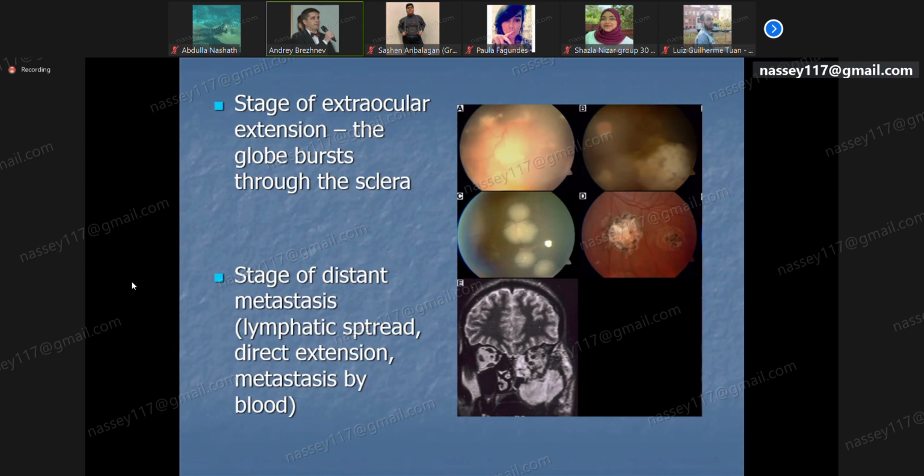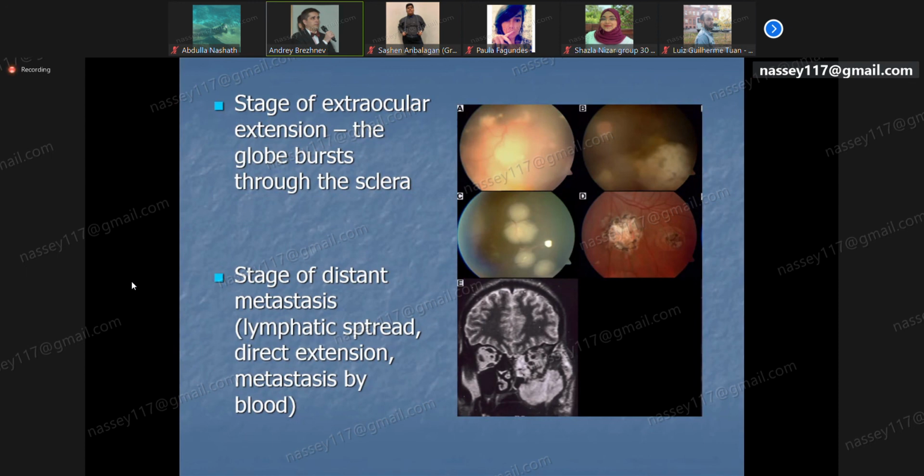And the final, fourth stage, is the stage of distant metastasis. Usually by lymphatic spread, maybe direct extension, or metastasis by blood. The targets for distant metastasis are the brain, liver, bones, and lungs. 4 main directions.